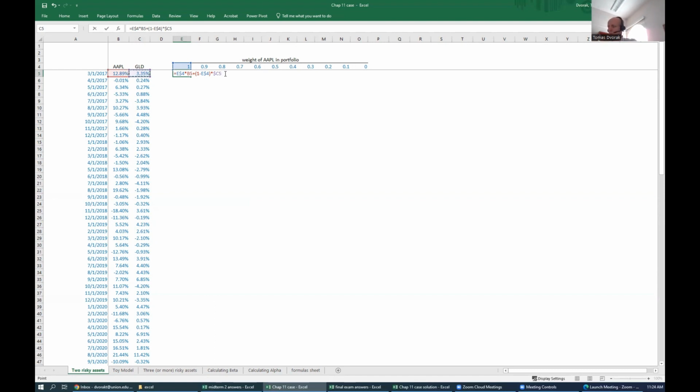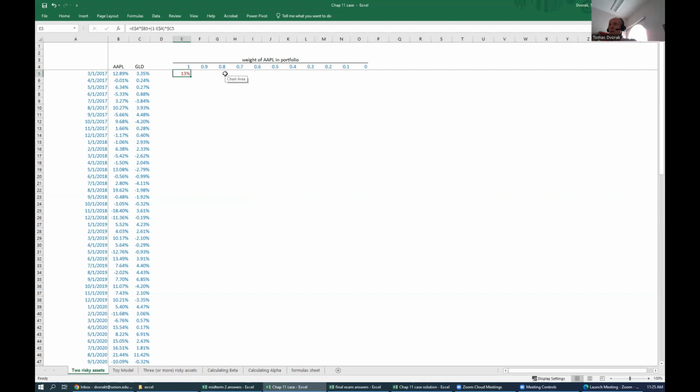We also need to lock the return on Apple. Again, we're just going to lock the column coordinate B, so that when we copy this formula across different weights, across different columns, it always refers to column B, because that's where the return on Apple is.